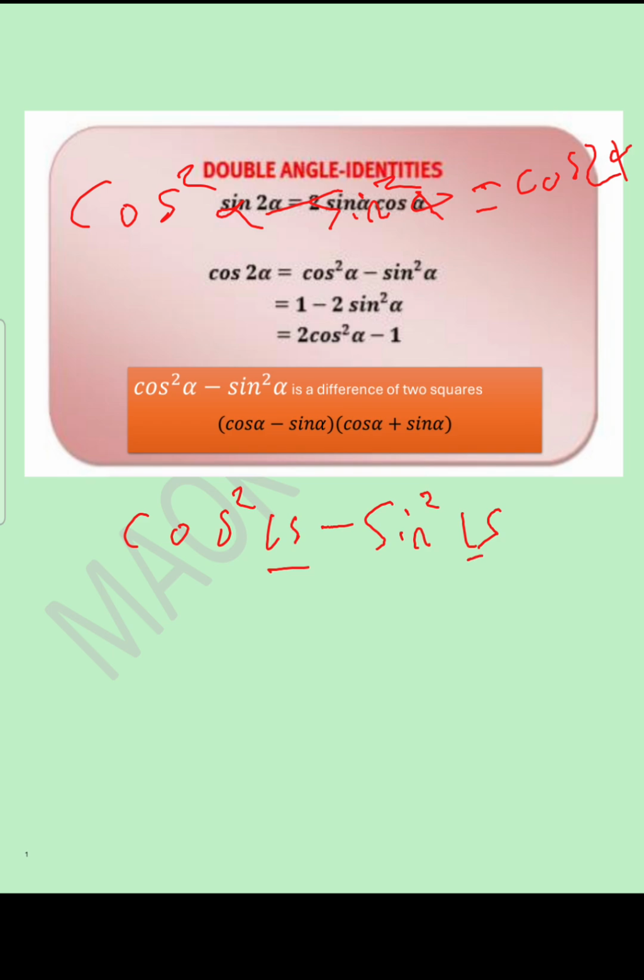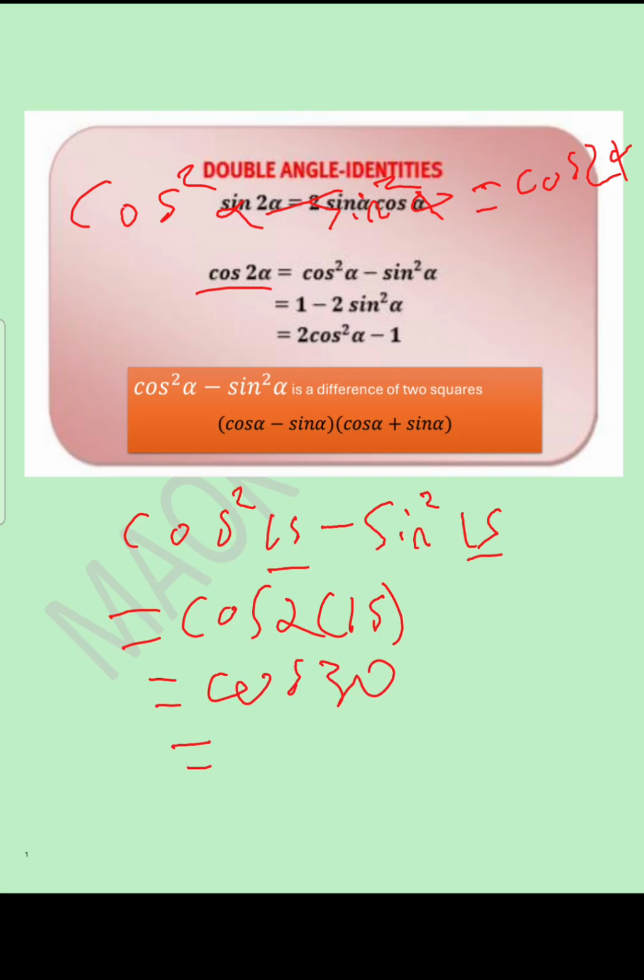So our alpha is 15 in this case, and this relates to the double angle. So this is the same as the double angle identity of cos: cos of 2 times 15, which is cos 30. And cos 30 in a calculator is root 3 over 2. That's how you would have done that one.